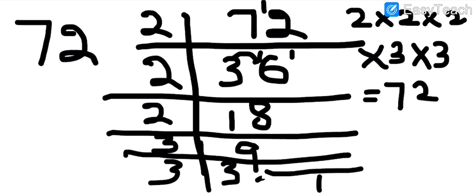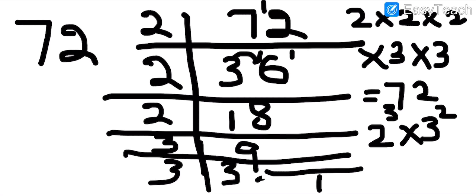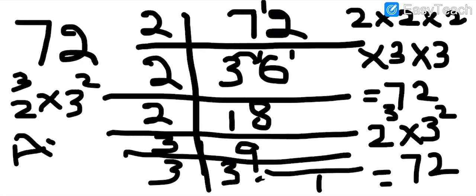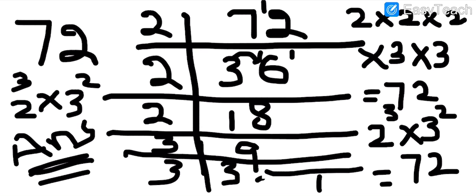And we can write it 2 cube into 3 square is equal to 72. Okay, so this 2 cube into 3 square is the answer. Got it? If it's not clear, let's do the next one and you will understand it.